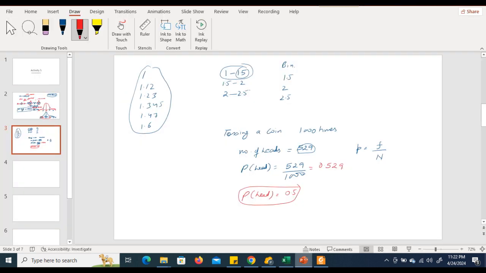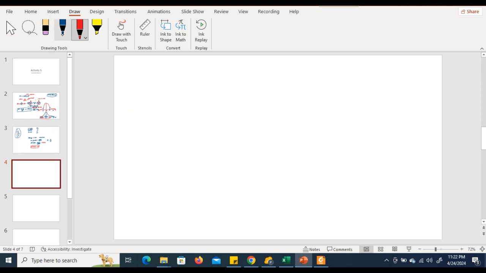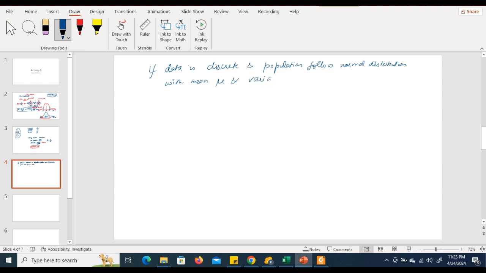Firstly, we need to understand that there is one concept in a normal distribution: when the data is in discrete form and the population follows a normal distribution with mean mu and variance sigma square, then, because the normal distribution is a continuous probability distribution, the first step is we need to convert the data into continuous form. So in that case, we need to calculate the continuity correction.